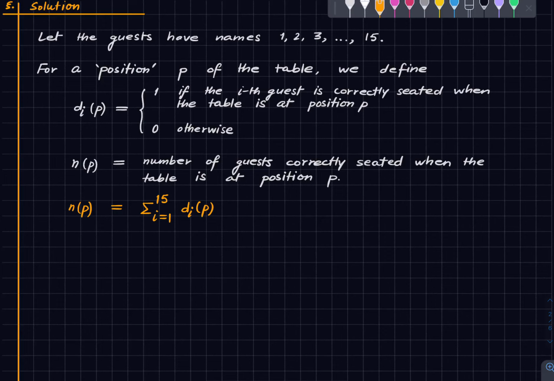Our goal is to show that there exists a position P such that the number of guests correctly seated when the table is at position P is at least 2. So the symbol is for existence. That is the goal, and now let us try to execute the main ideas.